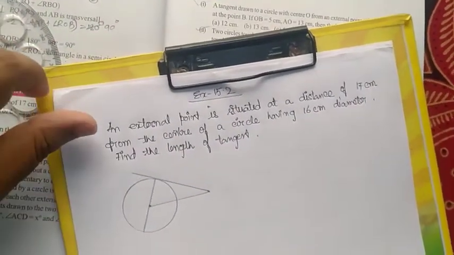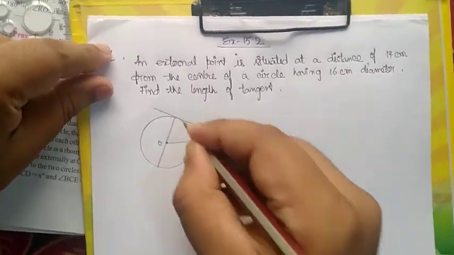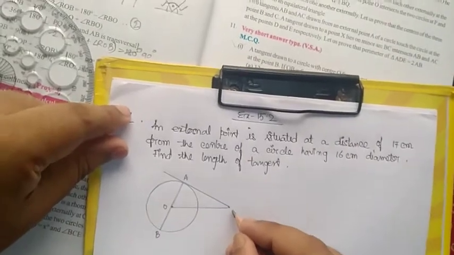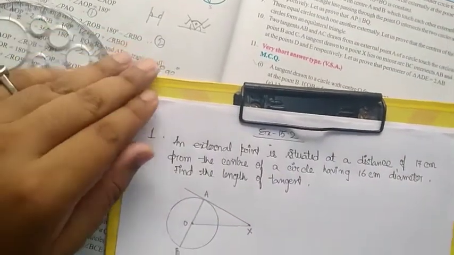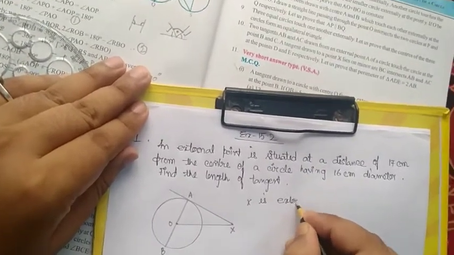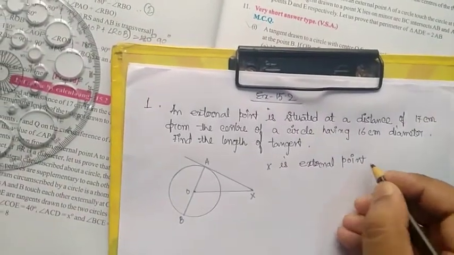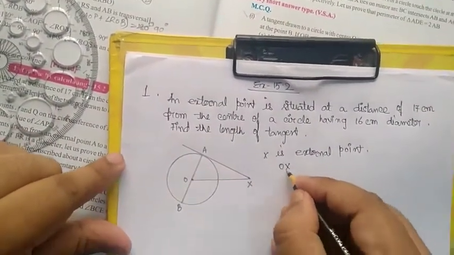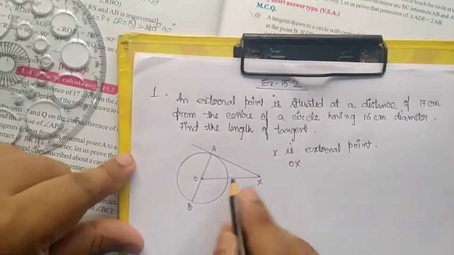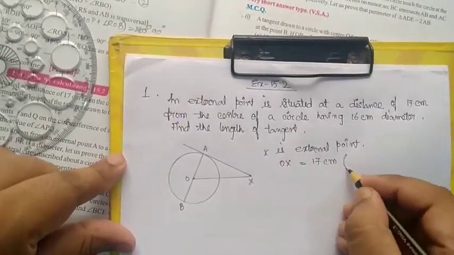So this is O, this is AB and this is X. X is external point. OX is given as the distance between the center and the external point is 17 centimeters. So OX equal to 17 centimeters. This is given.